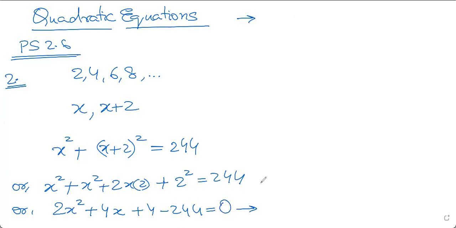I moved 240 from the right hand side to the left hand side because I'm trying to get the equation in the general form, ax square plus bx plus c equals 0. Further, the equation becomes 2x square plus 4x minus 236 equals 0.